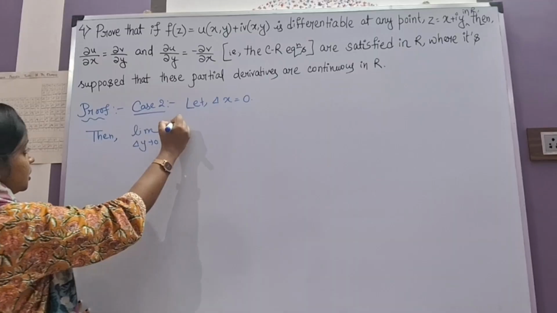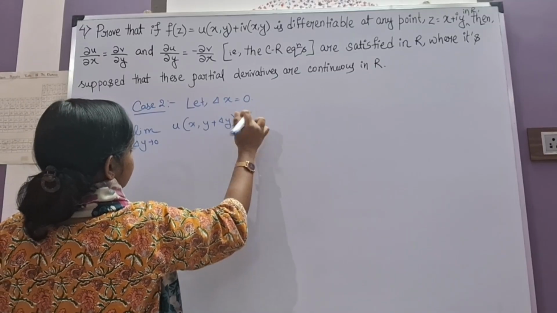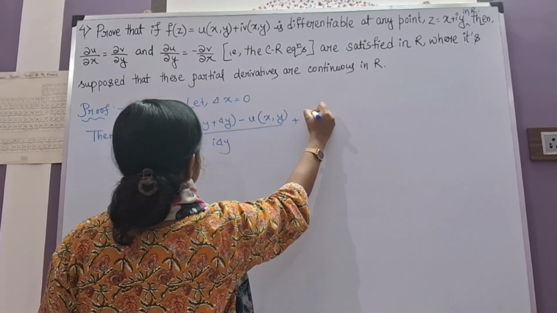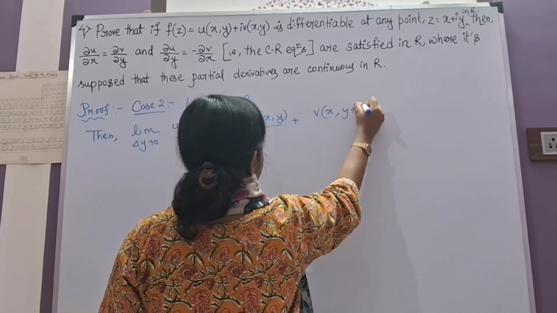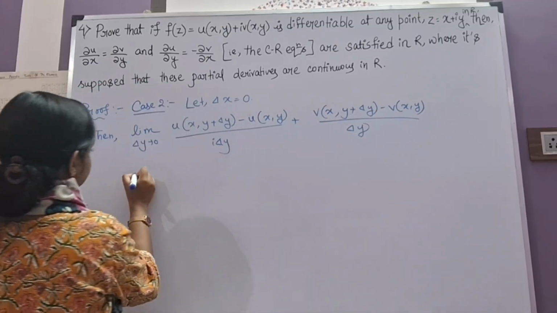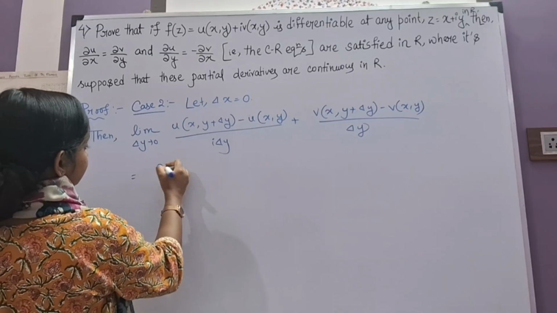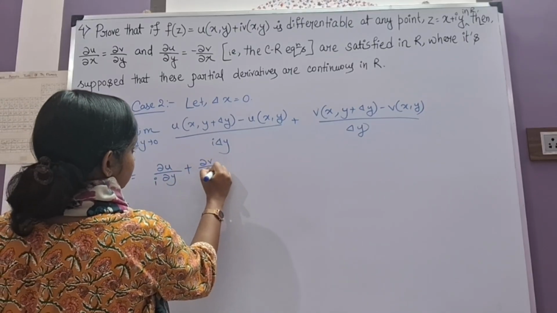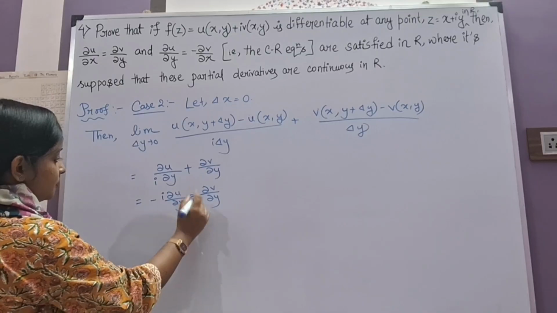Limit delta y tending to 0, [u(x, y + delta y) minus u(x, y)] by i delta y plus [v(x, y + delta y) minus v(x, y)] by delta y. The i's will cancel each other, so we get this, and this is finally equal to minus i del u del y plus del v del y.